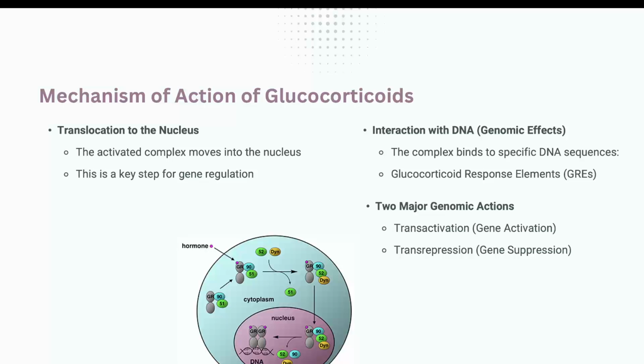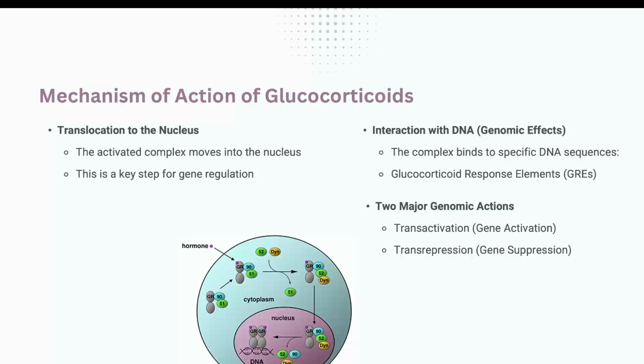In the DNA, there is a specific area called the glucocorticoid response element. This glucocorticoid response element is a specific site responsible for binding of what? For binding of the complex of the glucocorticoid and the receptor.